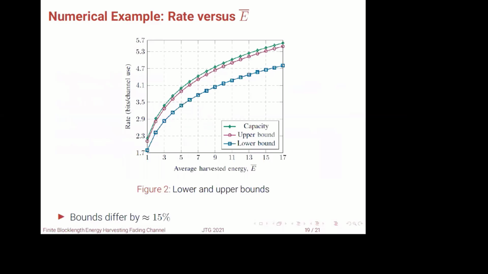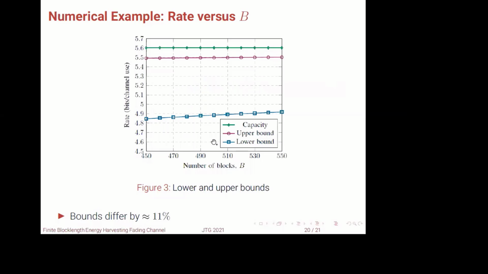For a rate versus average harvested energy plot, these bounds differ by at most about 15%, but the difference is low for a certain regime. This is the maximum difference. Similarly, for rate versus B, you have a difference of about 11%. Rate versus the block length, you have a difference of about 11%.